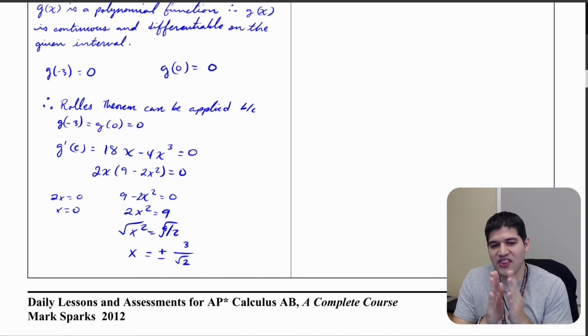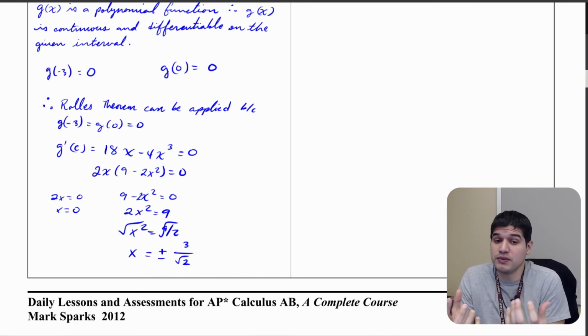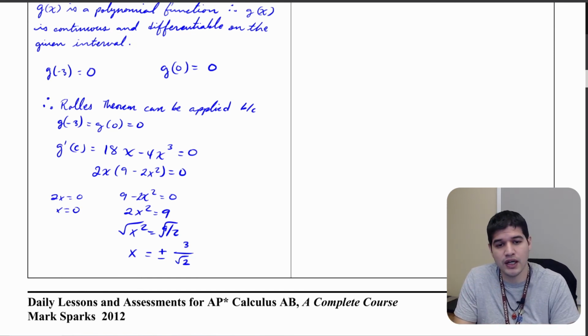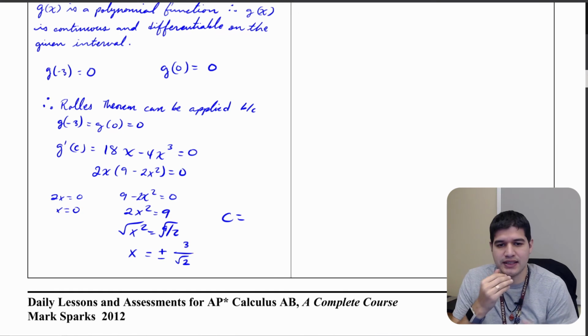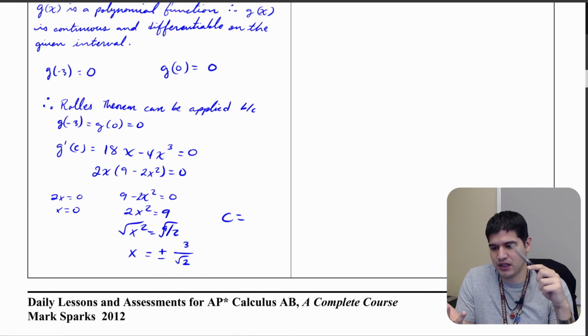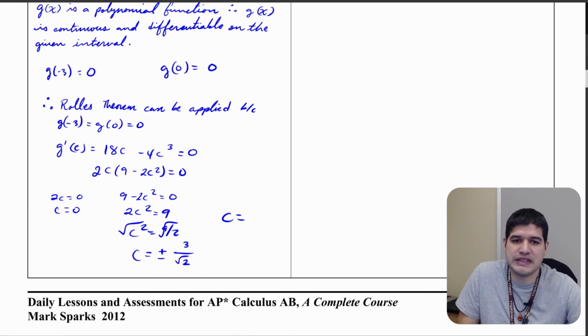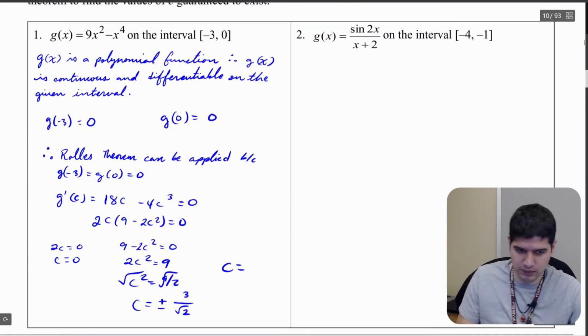But we want to think, right, we could have multiple values where Rolle's theorem can come out to be guaranteed values. But when we're saying what c is, actually all those x's, as I was doing all this work, should have been c because we are solving for that c value. But honestly, it doesn't really matter whether you leave it as x or put it as c. We want to think specifically, okay, what is the interval being applied here?